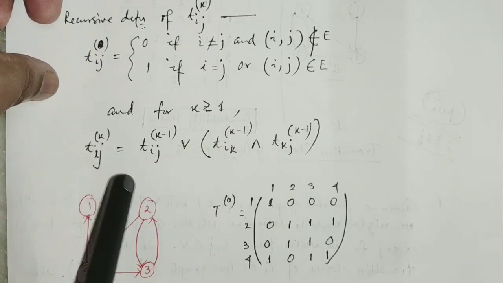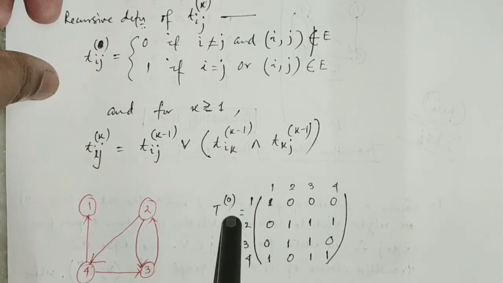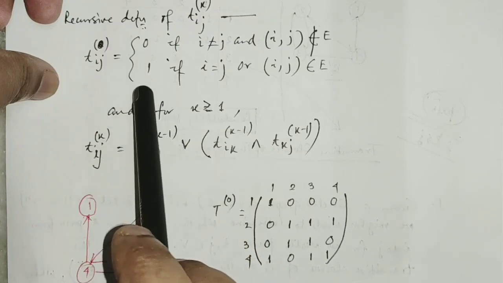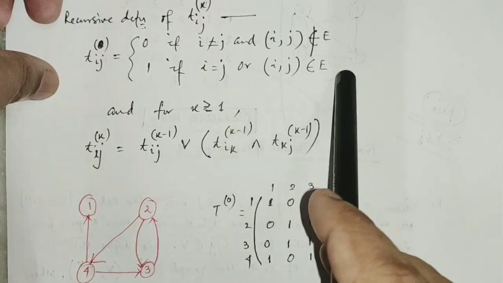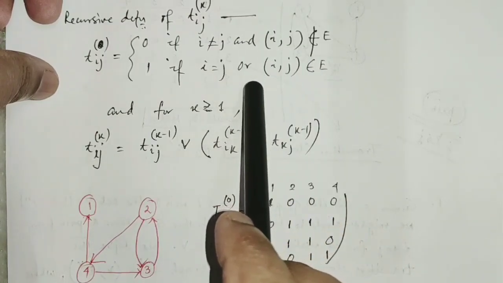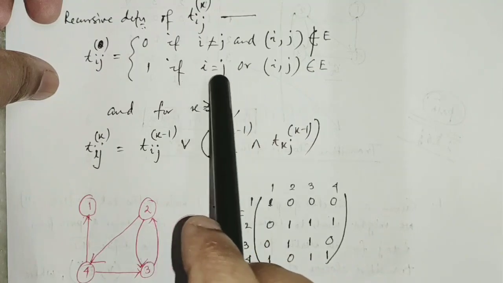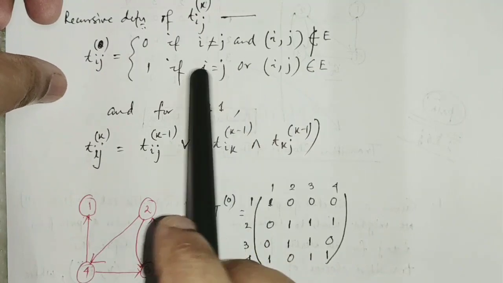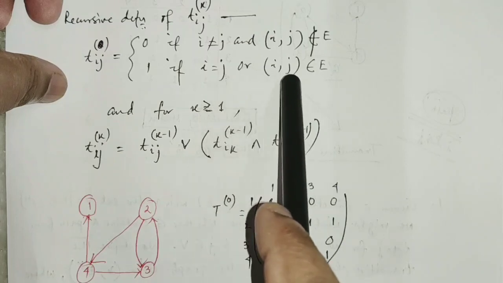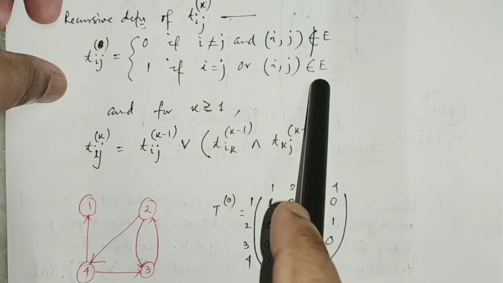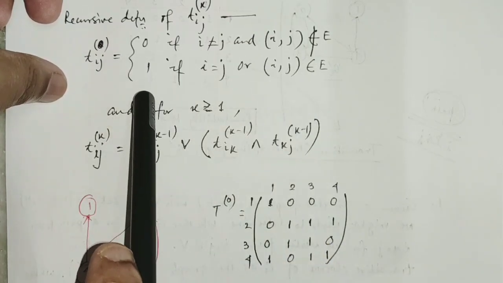Now 1 1, i equals j, so the value is 1. Whatever the condition be, it is an OR operation. So if the first one is true, the result is 1. If the first one is false, you go for the second one. If the second one is true, the result is again true.